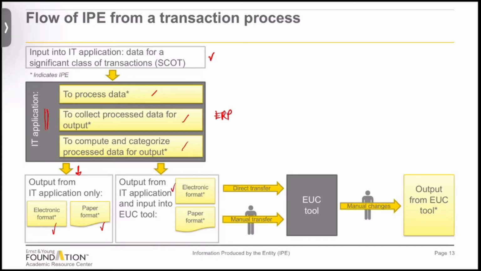And this output, whether electronic or paper, can be directly or manually transferred. Directly transferred means it is linked, probably through the internet or LAN, while manual transfer is when somebody manually transfers the data from the application into the EUC tool.